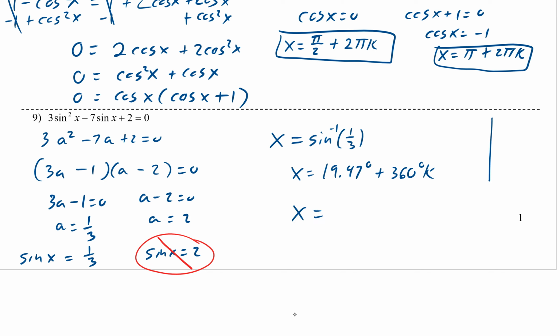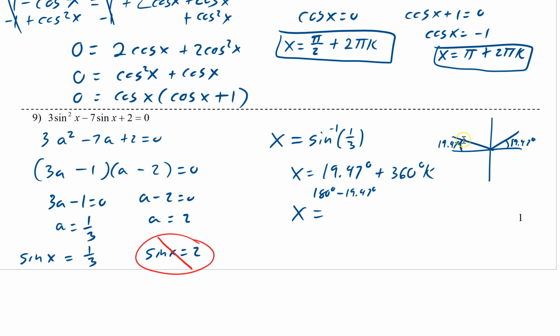So if you remember, sine is positive in quadrant 1, and that's 19.47 degrees. It's also positive in quadrant 2. So we need to subtract 180 degrees from it. Not 108. 180 degrees minus 19.47 degrees. So we have to find the other angle that is positive.